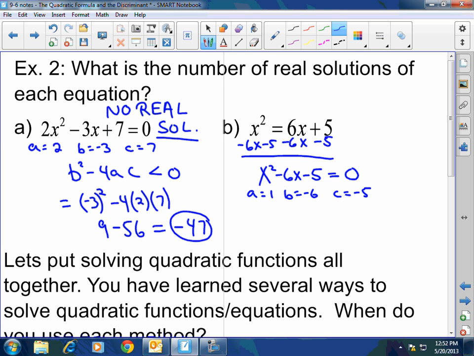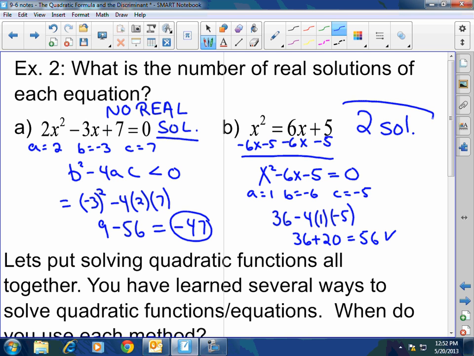We're not solving, we're just determining how many solutions we have. Well, b squared is 36 minus 4 times a times c. That's 36 plus 20, which equals 56, which is positive. So there are two real solutions for example B. Hope that all makes sense.